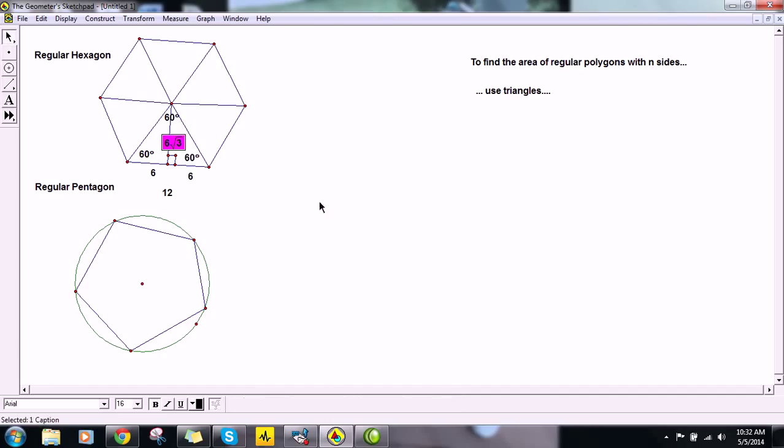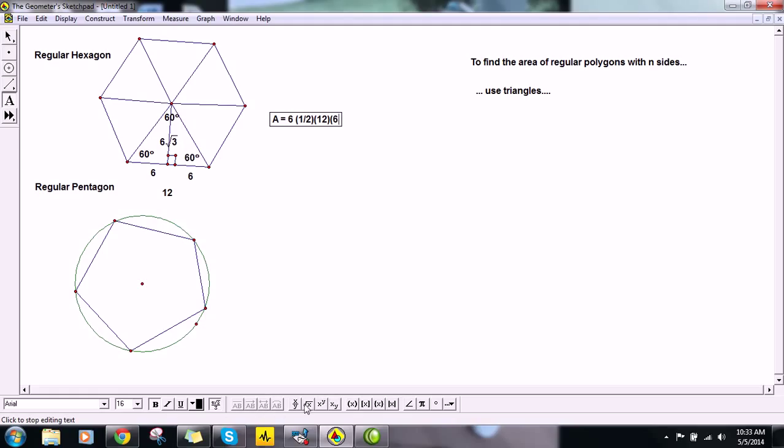Okay, so that's cool, because now I can find the area of this one triangle. 1/2 base, the base is 12, times height, 6 root 3. And then to get the area of the whole hexagon, I multiply that by 6, because there are 6 of these congruent triangles. So the area of my hexagon is 6 of those, 1/2 base, which is 12, times height, which is 6 root 3.